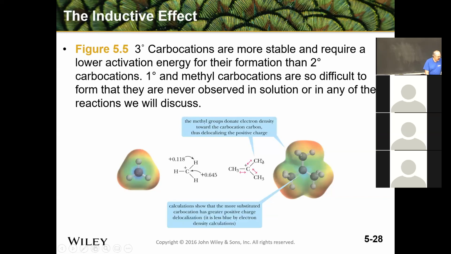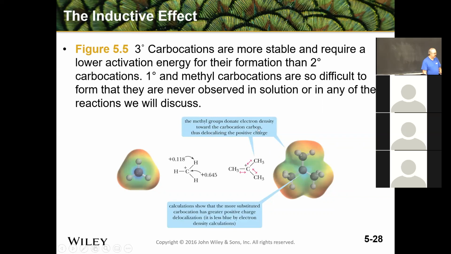Here is a tert-butyl carbocation. This is what we mean by the inductive effect. These methyl groups are donating, they're pushing electrons through the sigma bond to help stabilize that positive charge. When we've got three of them, that really helps the stability.